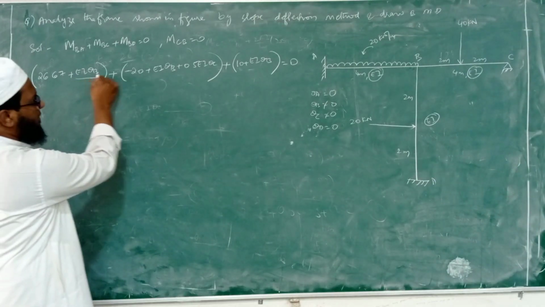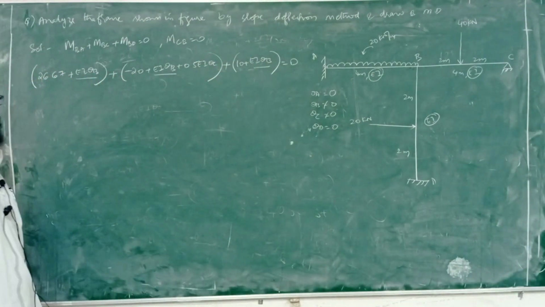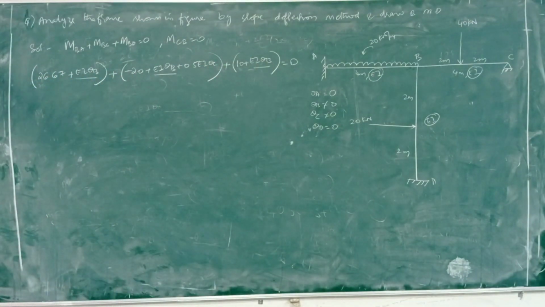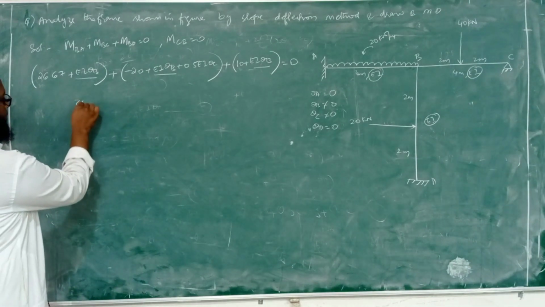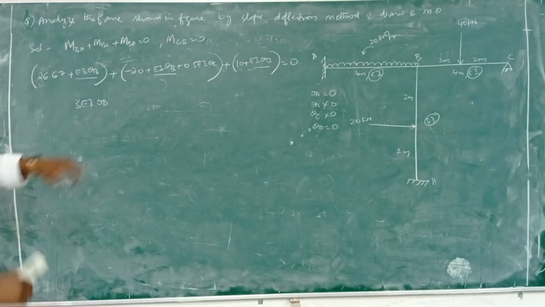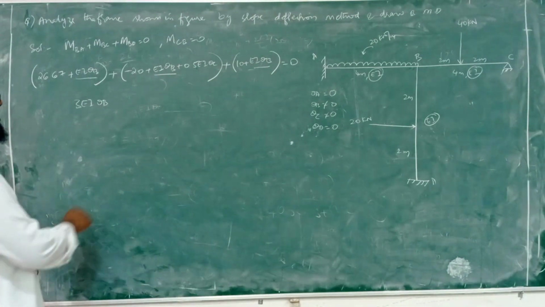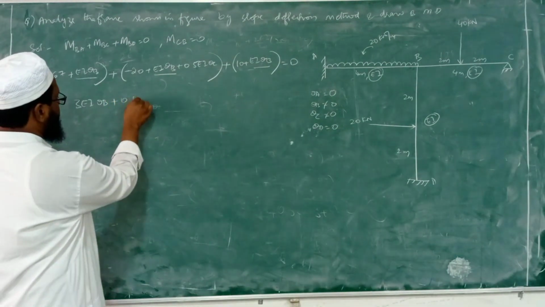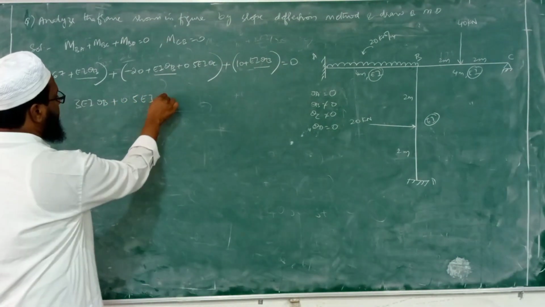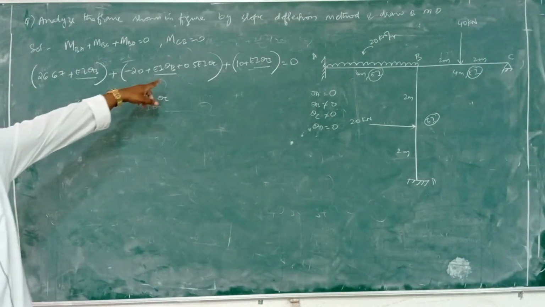Now we'll try to take up all EI theta B terms first. We have here EI theta B, EI theta B, EI theta B. So what will happen now? 3 EI theta B. Then we have EI theta C, only one EI theta C here, that is plus 0.5 EI theta C. Next, what is the next one?